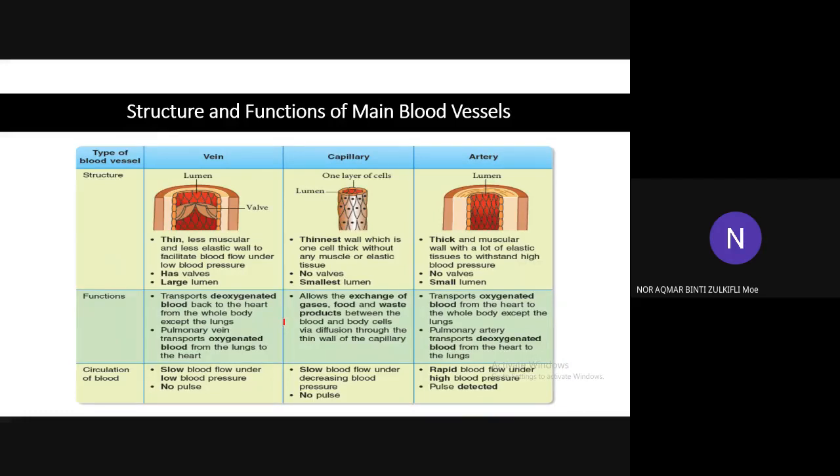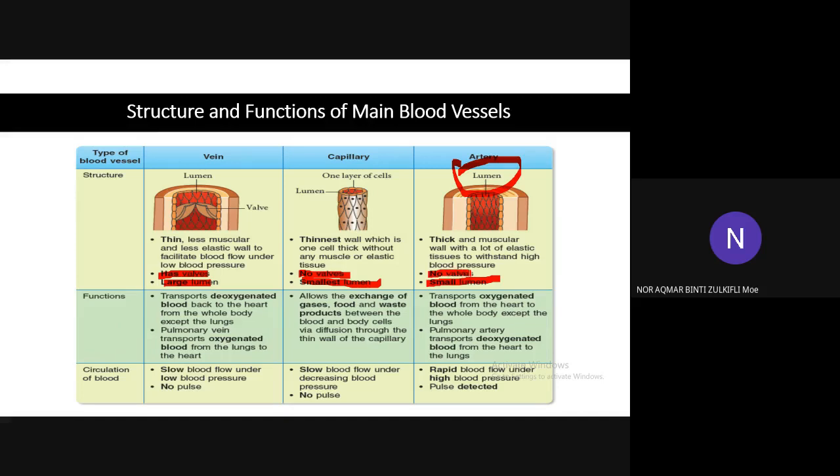Okay, now we will look into the structure and functions of the main blood vessels that are vein, capillary, and artery. The most important thing is you must know the lumen: the vein has a large lumen, the capillary the smallest lumen, and the artery a small lumen. Only the vein has valves; the capillary and artery have no valves.